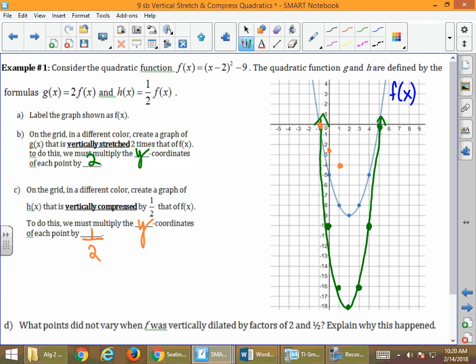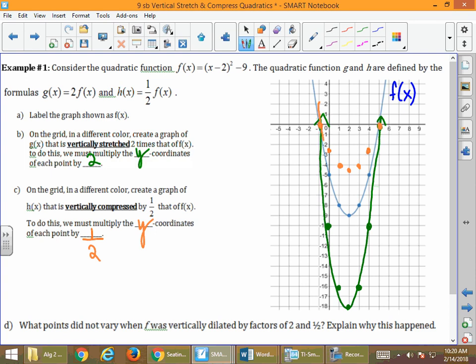The vertex, which is 2, -9, multiplying the y value, -9 times 1/2 is -4.5. The next one is 3, -8. We're going to multiply the y value of that point, -8 times 1/2, which gives us -4. We have the point 4, -5 on the original graph. -5 times 1/2 is -2.5. And our last point here is 5, 0. Sorry, no, that's right, 5, 0. 0 times 1/2 is still 0.